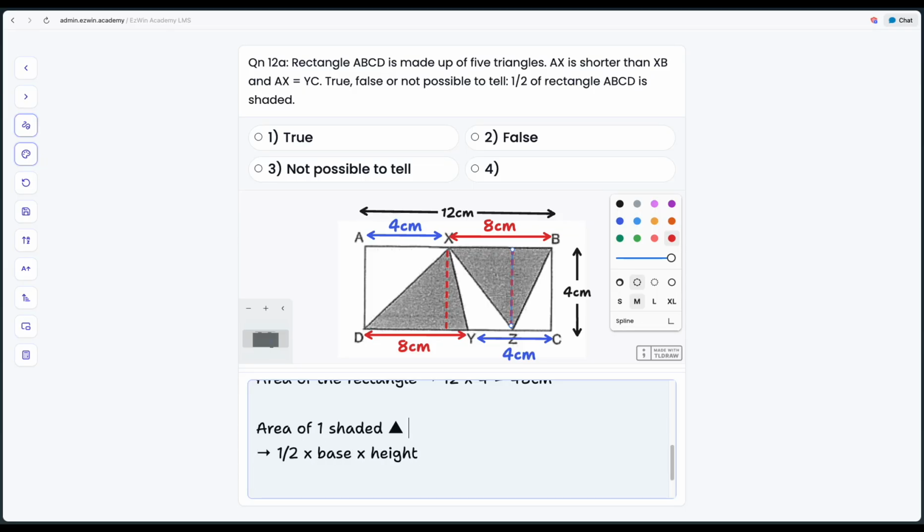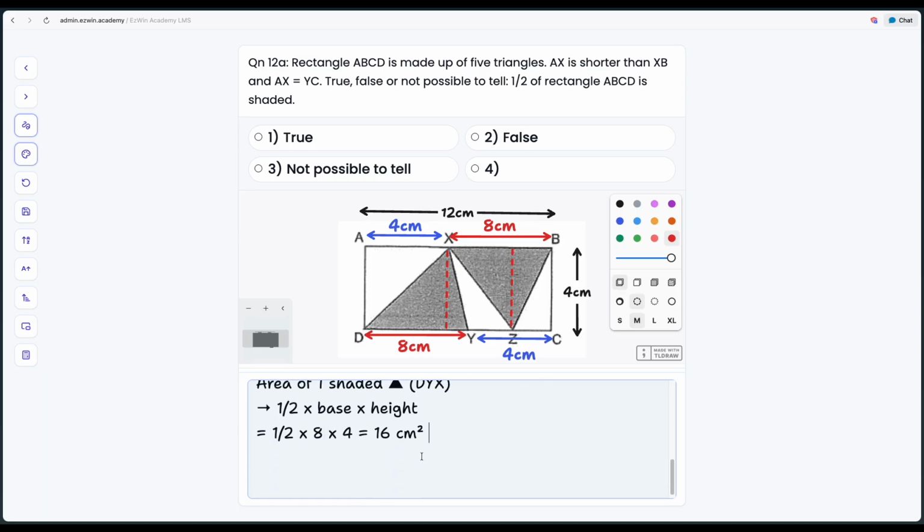So the area of one shaded triangle, let's put it as DYX, the first one, this one over here. The base is 8 centimeters and the height is 4 centimeters. Pretty straightforward, and this is 16 centimeters square.